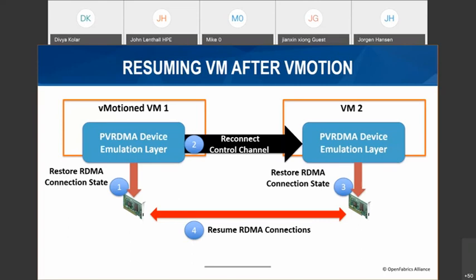Having set up all the connection state on the local HCA, we again use a distributed coordination protocol to make all the peer VMs similarly restore the connection state on their HCAs. When they acknowledge back to the vMotioning VM that everything is set up, communication is resumed between the endpoints, and the VMs would not have noticed anything except for some wall clock downtime. Next slide, please.